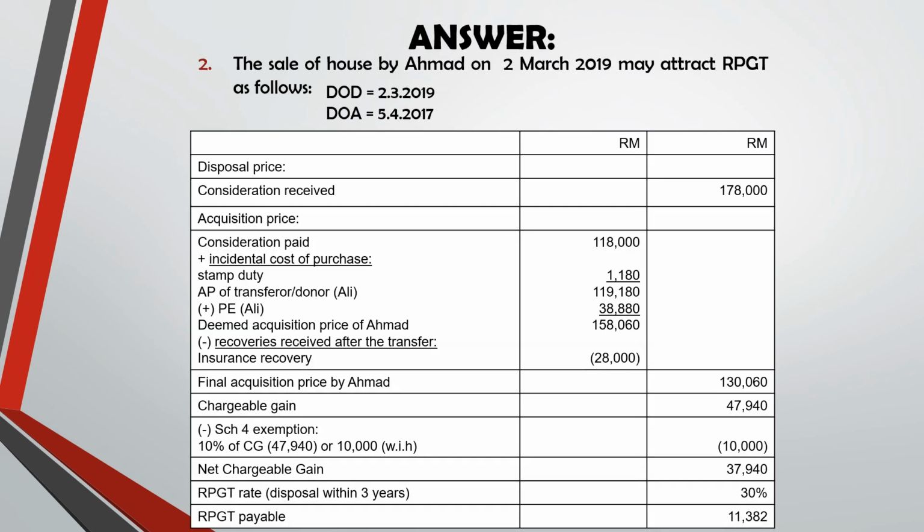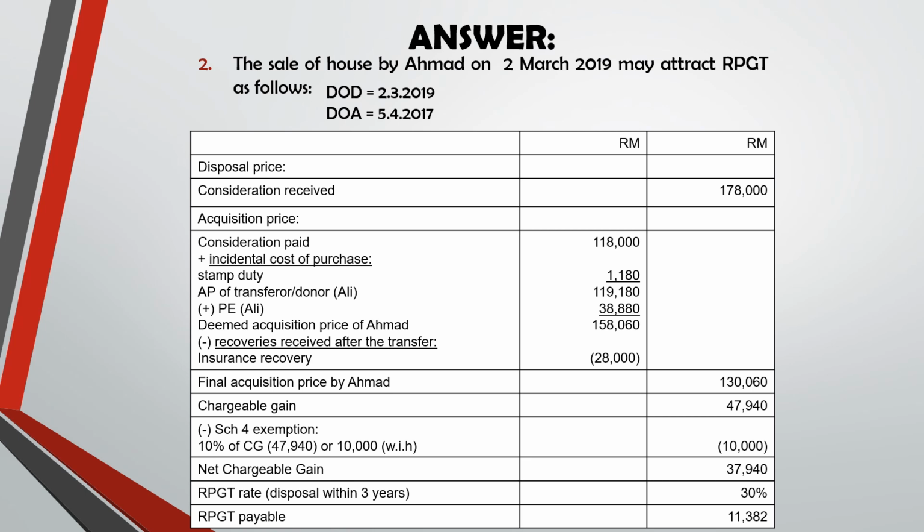This will be for Ahmad on the date of disposal, subject to RPGT. Again, you have to state the DOD and DOA. The DOD is when Ahmad sold the asset, the DOA is when Ali transferred to Ahmad. Disposal price, consideration received, 178,000, that is the only item. Acquisition price, we have the deemed acquisition price of Ahmad, which is AP of Ali plus PE of Ali.